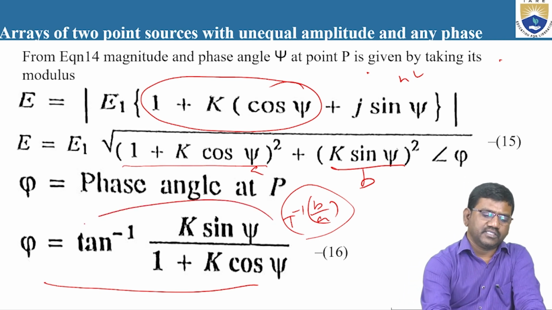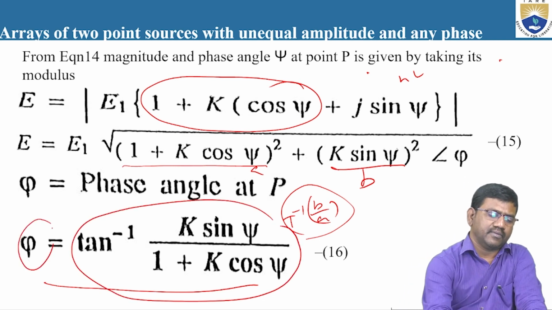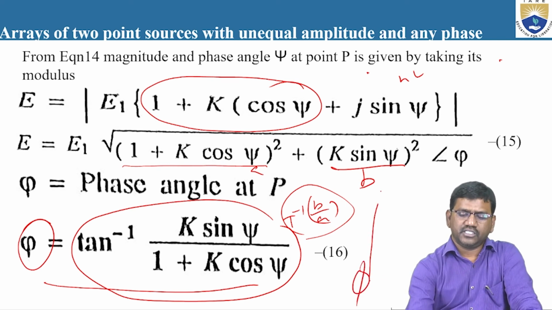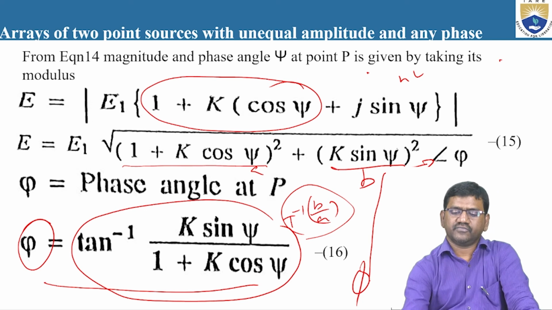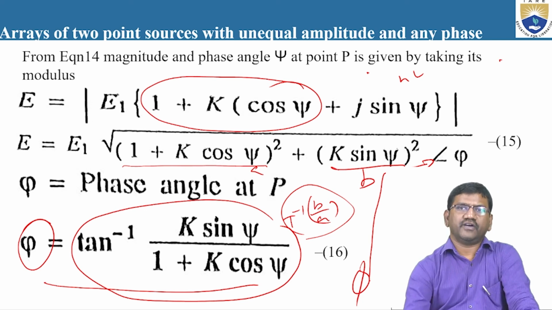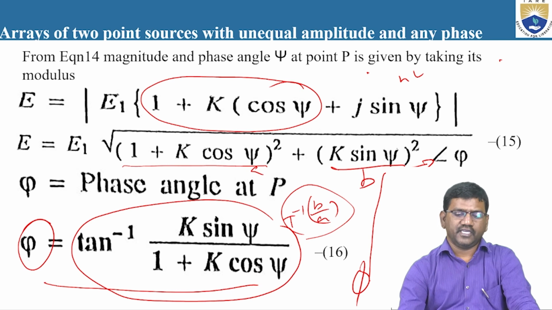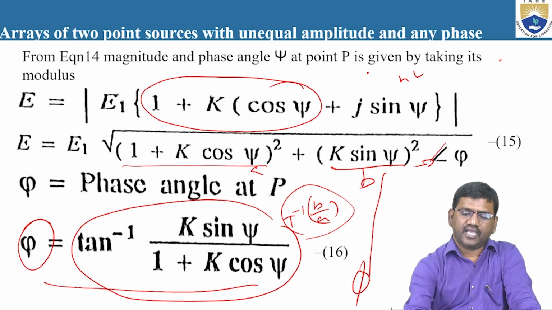We are assuming this total function as the angle pi, which we have denoted as angle pi in equation 15. So tan inverse of k sin psi by 1 plus k cos psi is equal to pi, and this is represented in equation 50 as angle pi.